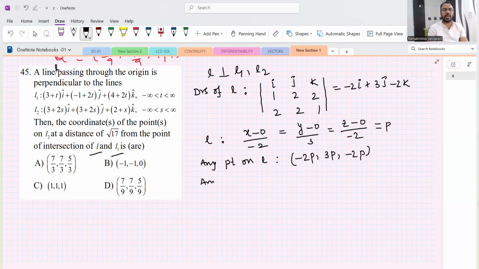Any point on L is minus 2P, 3P, minus 2P. Any point on L1 is already given: 3 plus T, minus 1 plus 2T, 4 plus 2T.